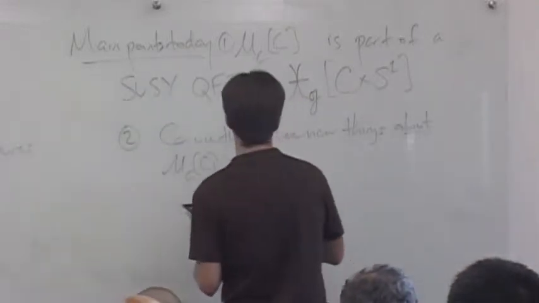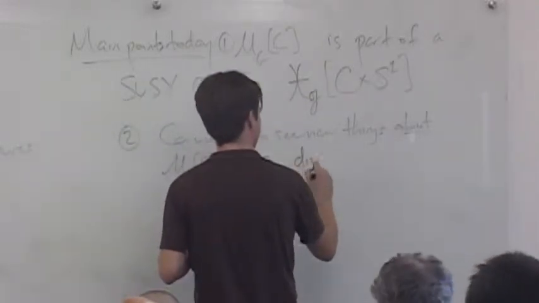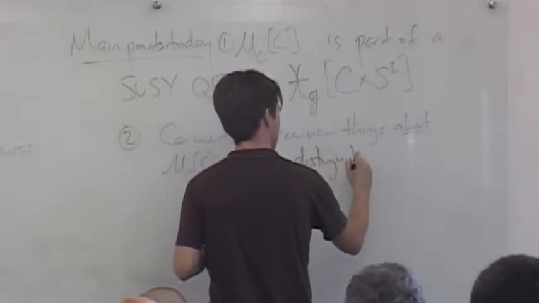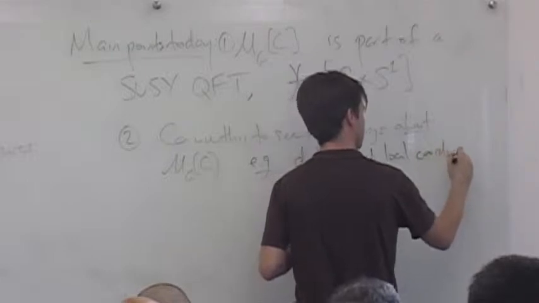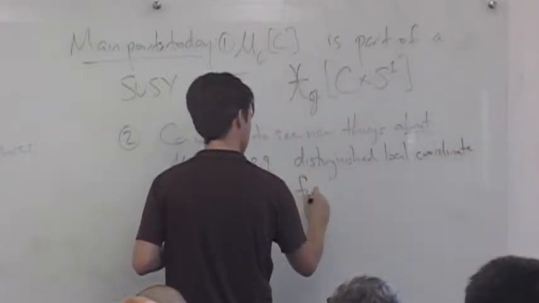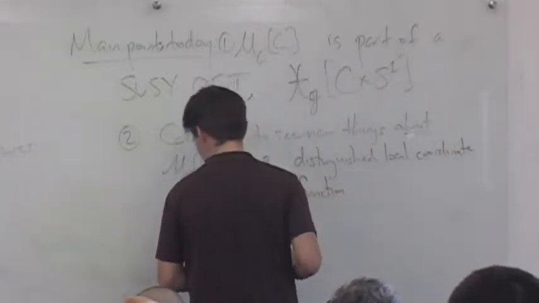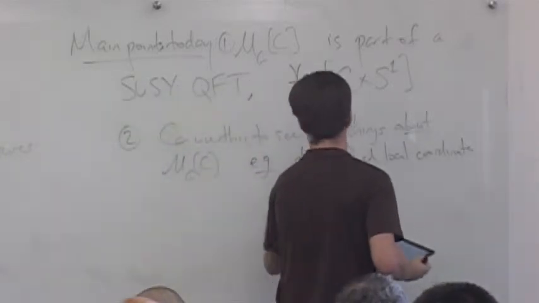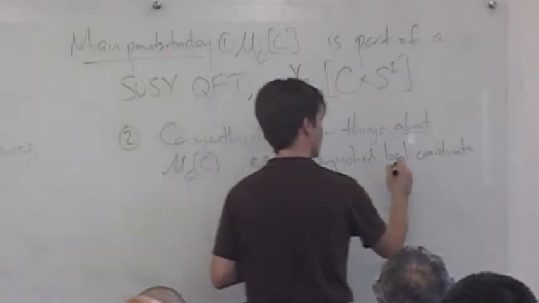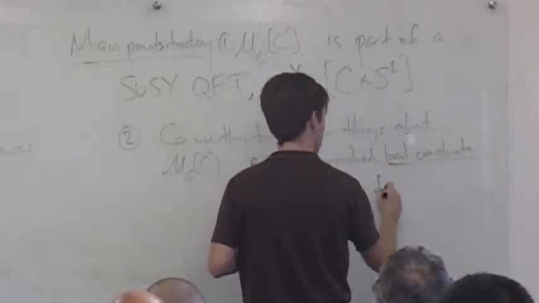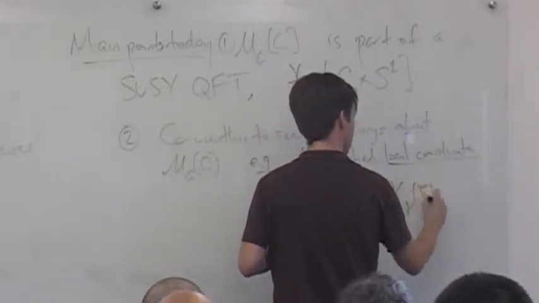Embedding it into quantum field theory is something pretty fancy, but I want to extract something that I can actually understand. And one thing that you get concretely is some distinguished local coordinate systems, which I'll write X_gamma of zeta.